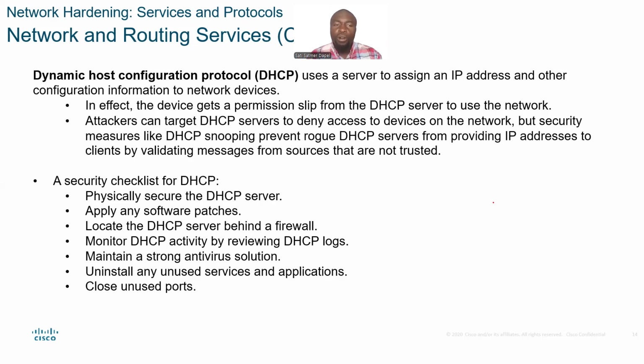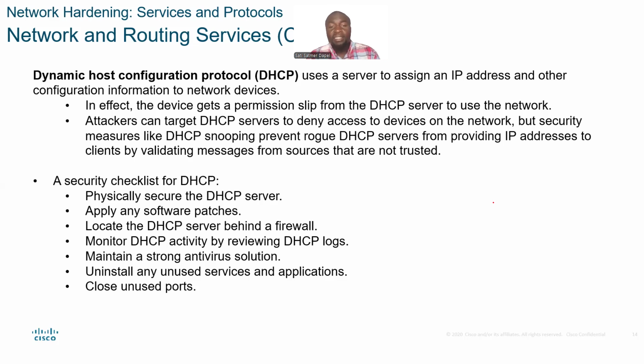That is the job of the DHCP server. It is a server that assigns IP addresses to systems. So in effect, the device gets a permission slip from the DHCP server to use the network.